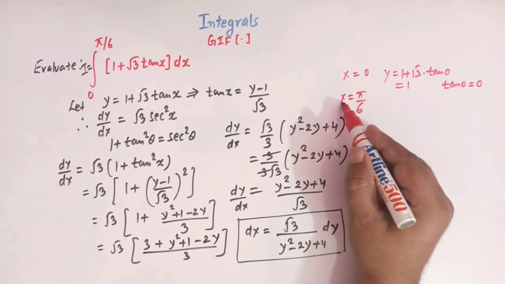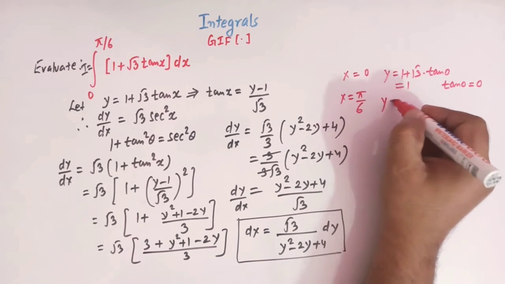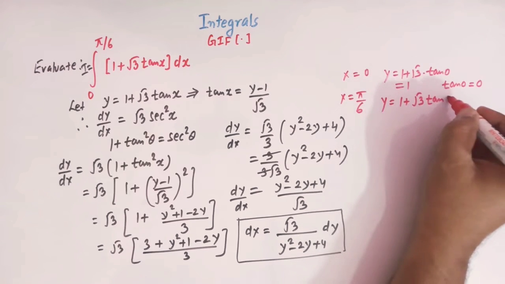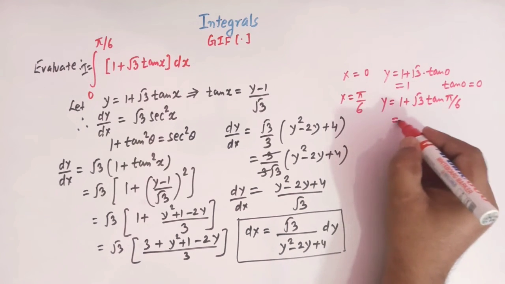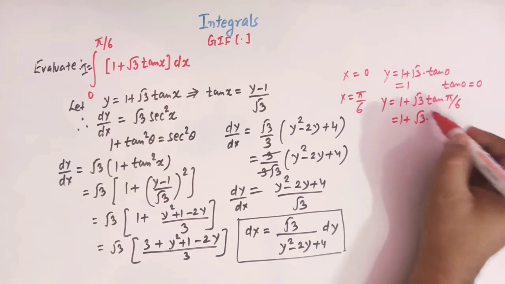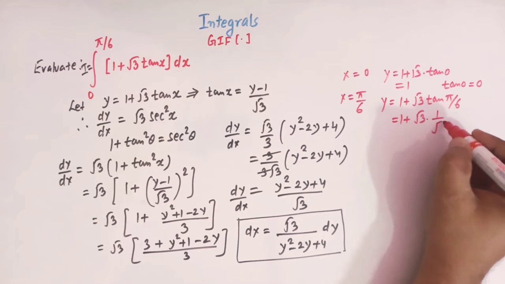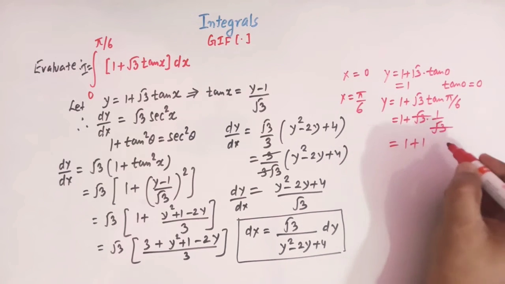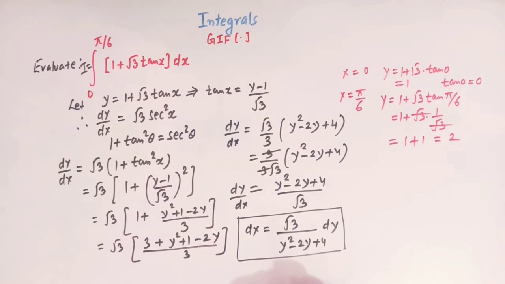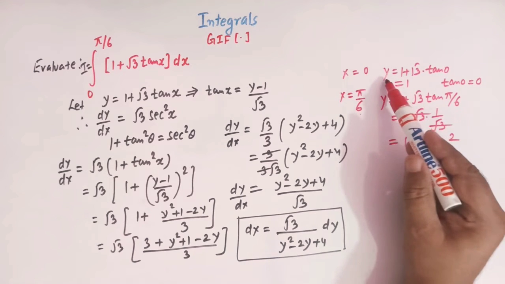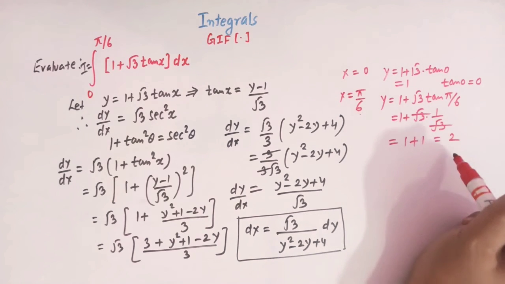And when x is equal to pi by 6, y is equal to 1 plus root 3 times tan pi by 6, which is 1 plus root 3 times 1 over root 3, so 1 plus 1, that is 2. So when x varies from 0 to pi by 6, y varies from 1 to 2.